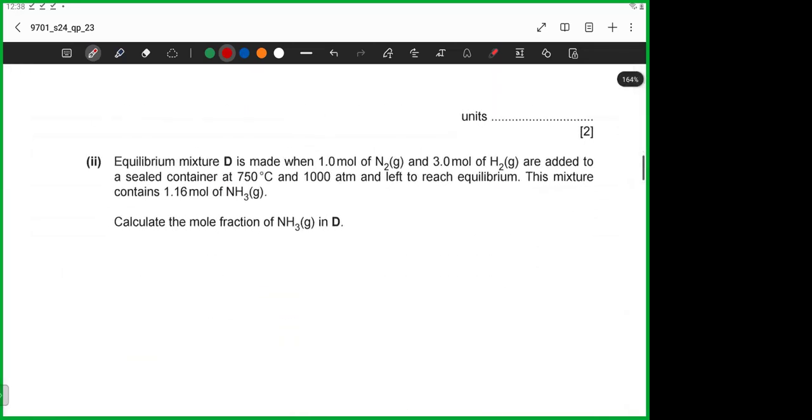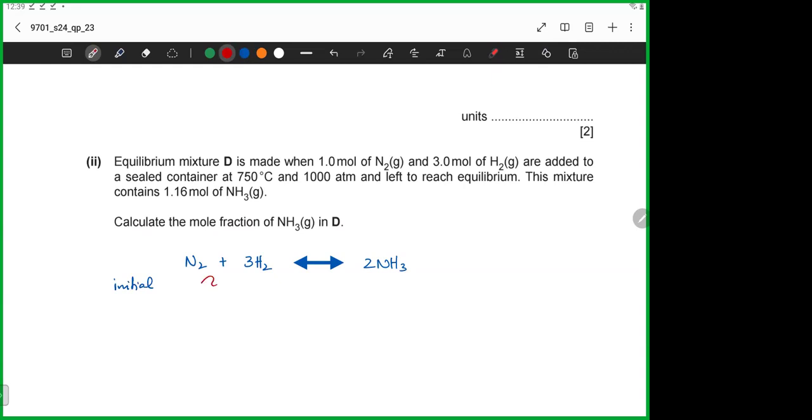Now, equilibrium mixture D is made when 1 mole of N2 and 3 moles of H2 are added to a sealed container and left to reach equilibrium. So you have to now make that table. What are your initial moles?